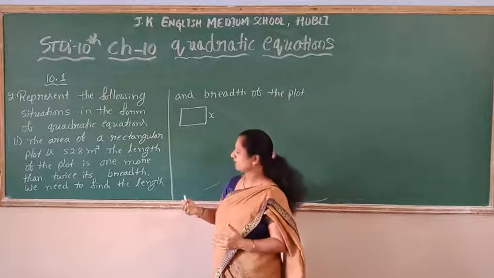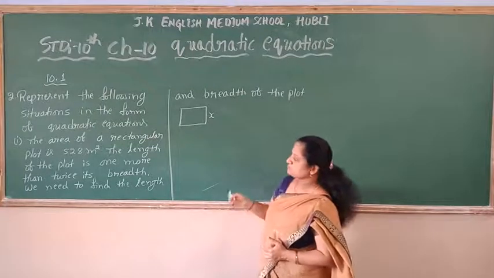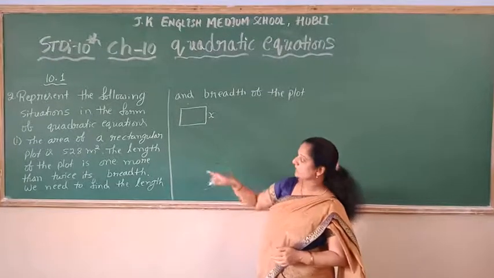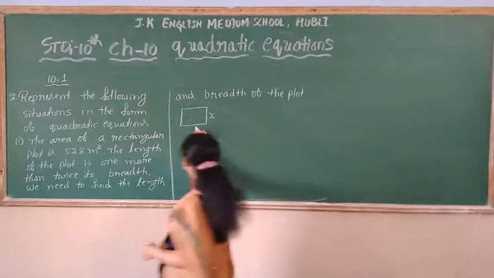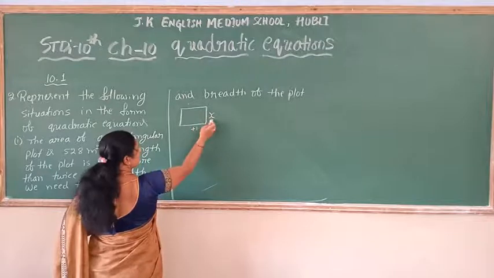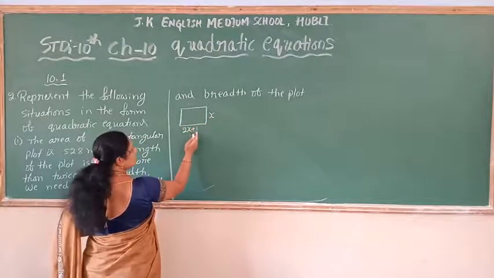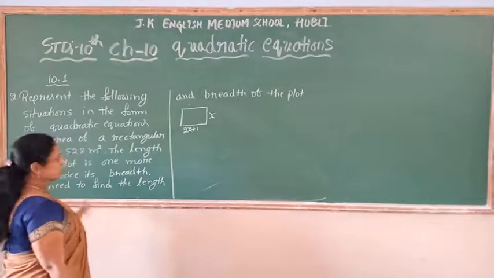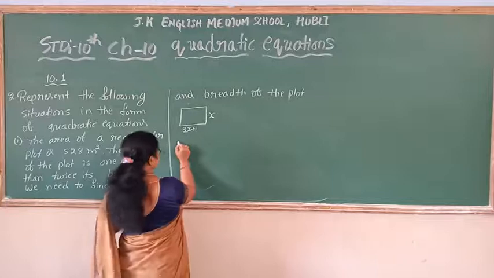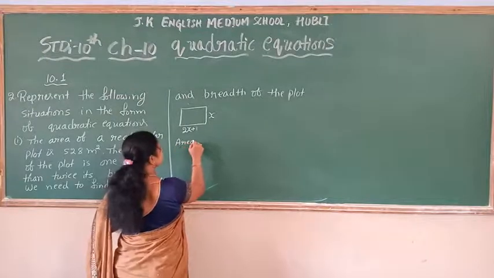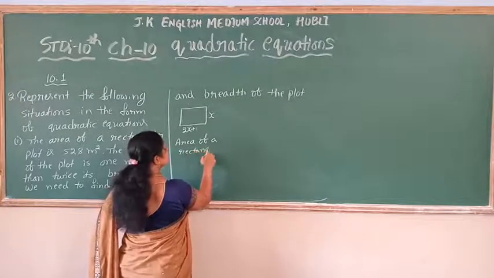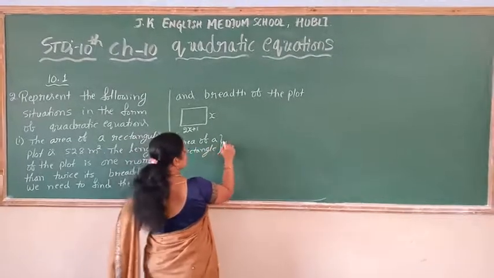So the breadth of the rectangular plot is x meter, and the length of the plot is 1 more than twice its breadth. The area of a rectangle is 528. According to the question, area of a rectangle is equal to length into breadth, a formula we know.